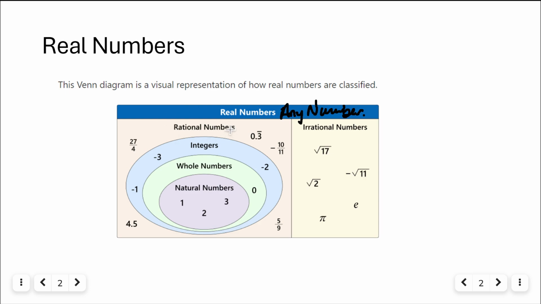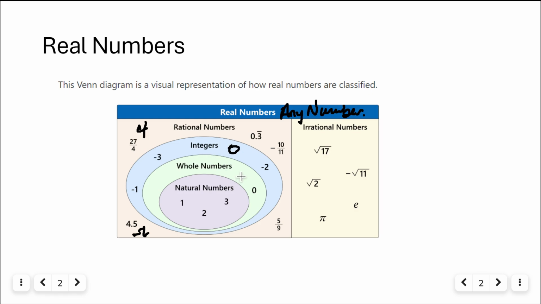Rational numbers are fractions, repeating decimals, negatives, mixed numbers, terminating decimals, positive numbers, negative numbers. So 4, -2, that's a rational. Those are all rational numbers. Also, any number that could be written as a fraction. And then integers are our positive and negative whole numbers, and 0 as well.